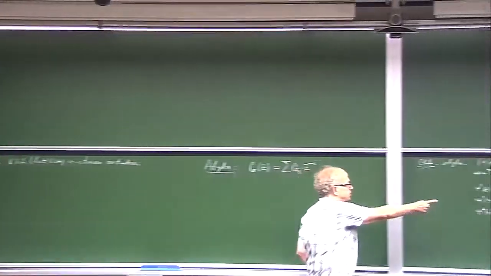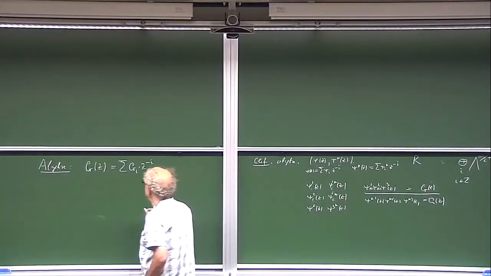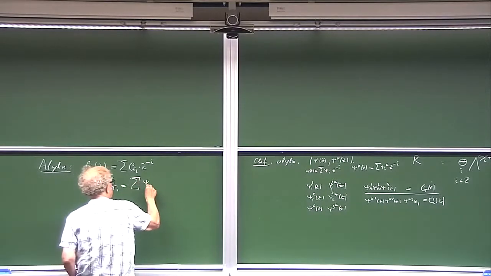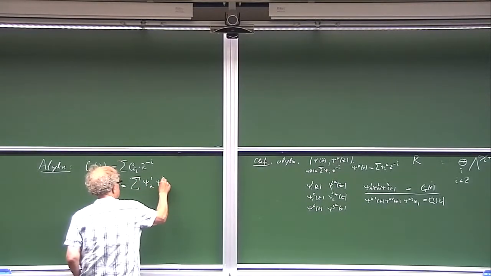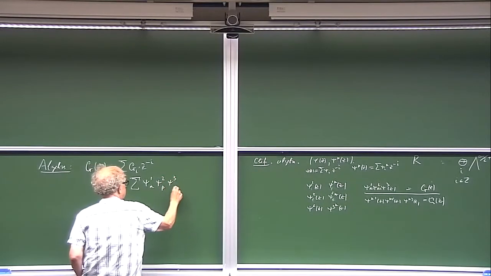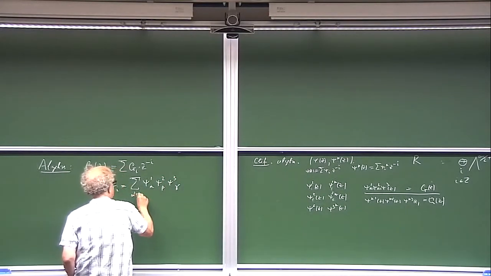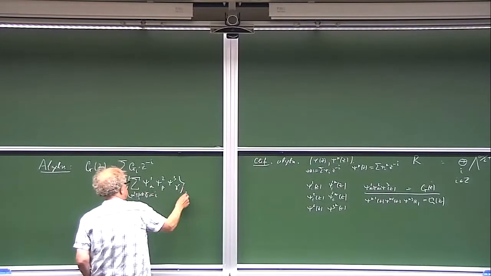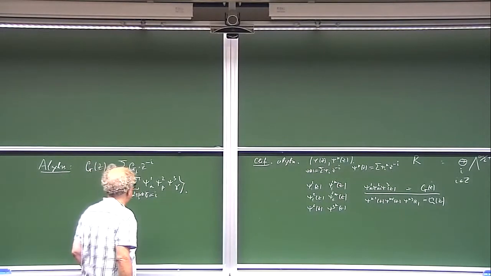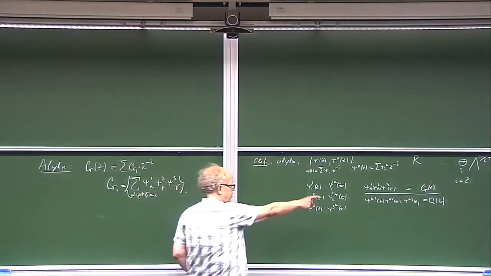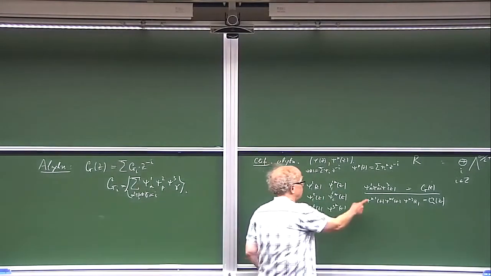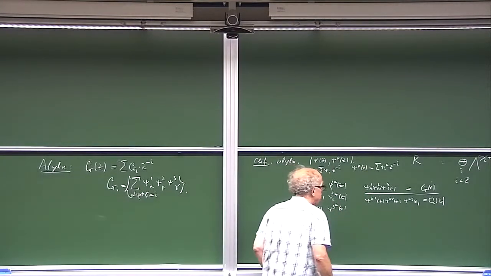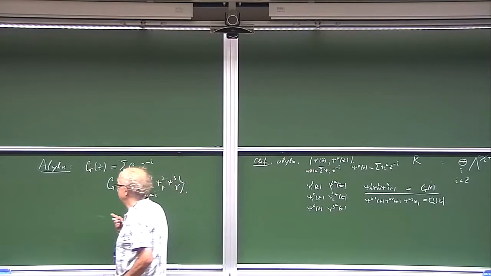If we look at this expression, G_i is the sum of psi1_alpha psi2_beta psi3_gamma, with alpha plus beta plus gamma equal to i. This is more or less by definition: we take this expression, write down each psi, and formally make a product, and then it gives us such operators.